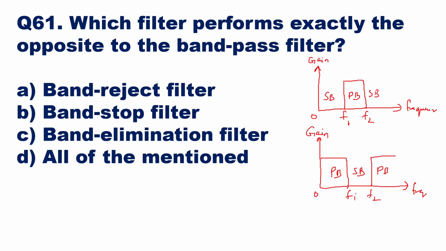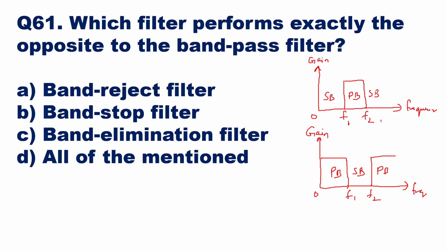Here is a filter which is going to stop a particular band of frequencies, that is the range between f1 and f2. The signals having frequencies from f1 to f2 will be attenuated or rejected, and the signals below f1 and above f2 will be passed. So this is doing exactly the opposite work of the band pass filter.